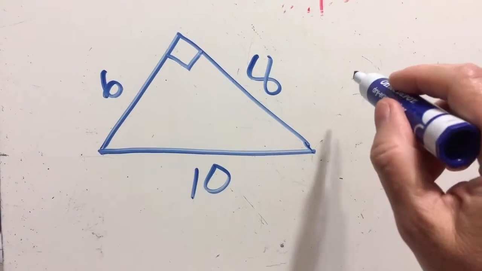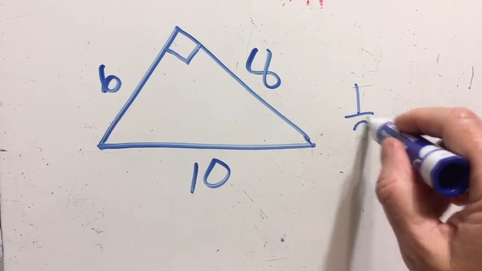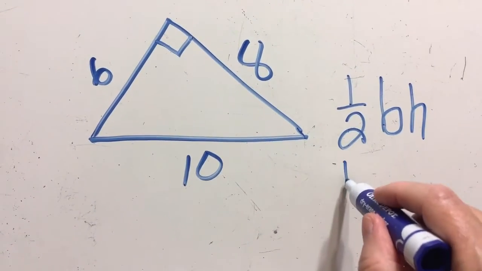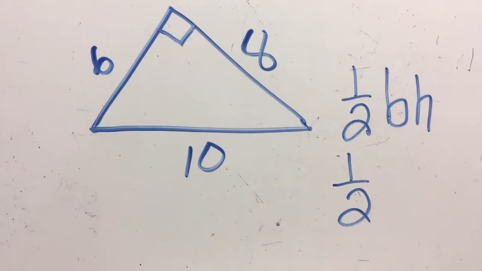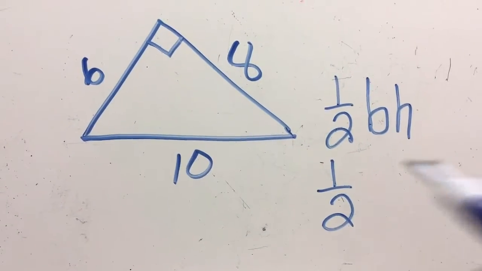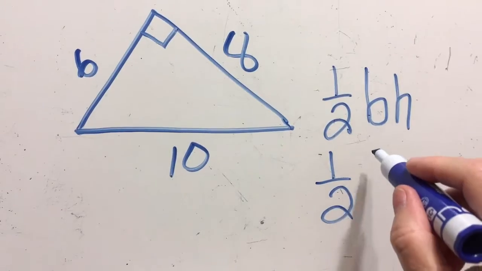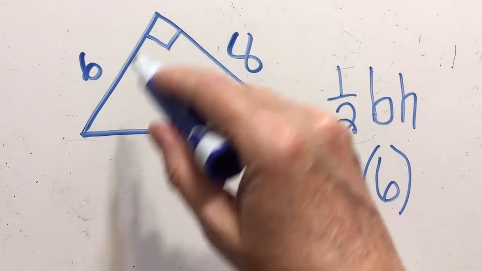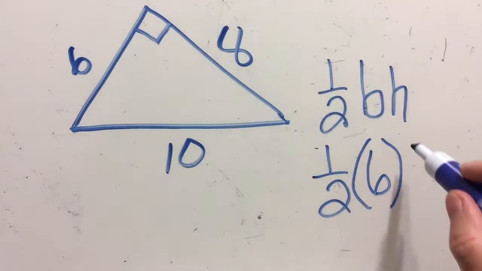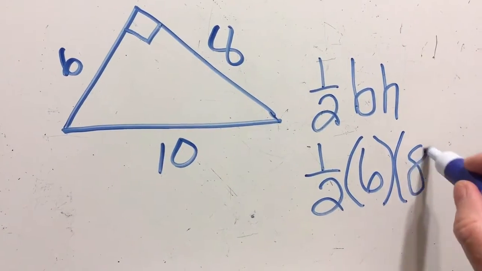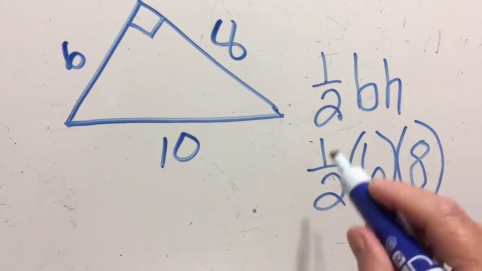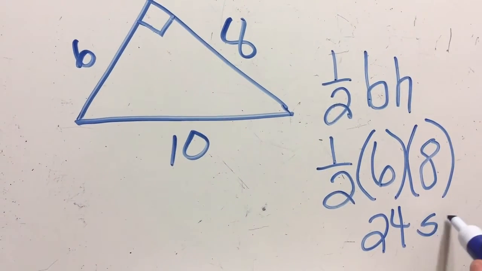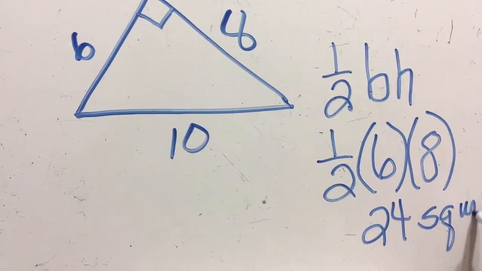So let's use 1/2 base times height, and it doesn't matter which one we call the base. So let's call our 6 the base, and right next to it is the 8. 6 times 8 is 48, and 1/2 of 48 is 24 square units.